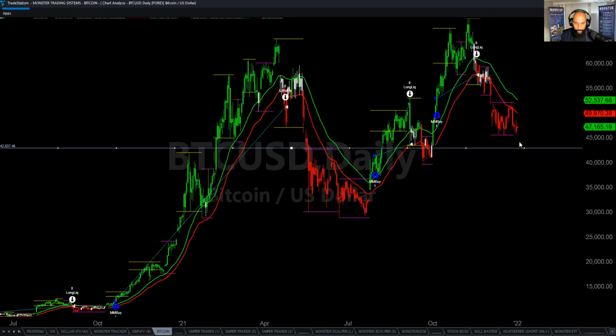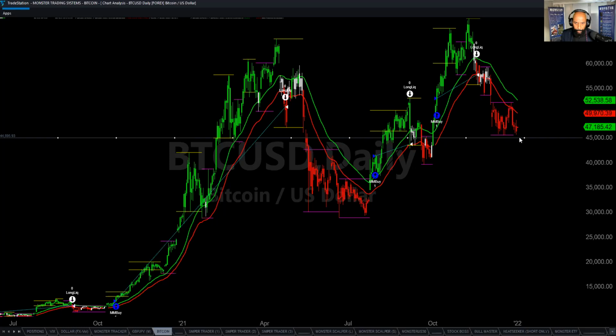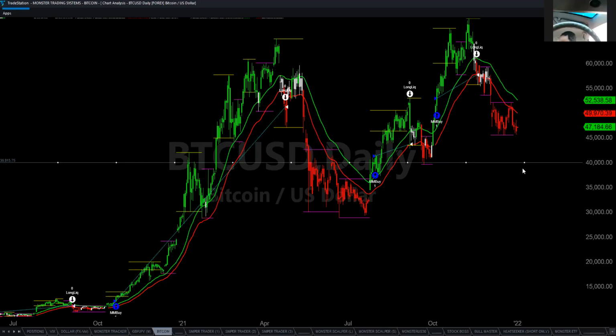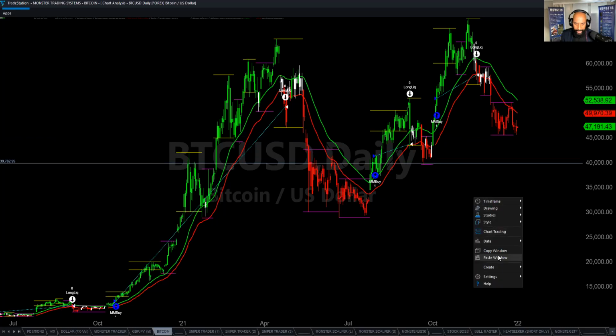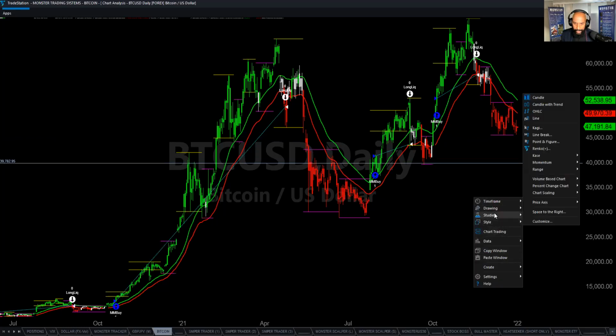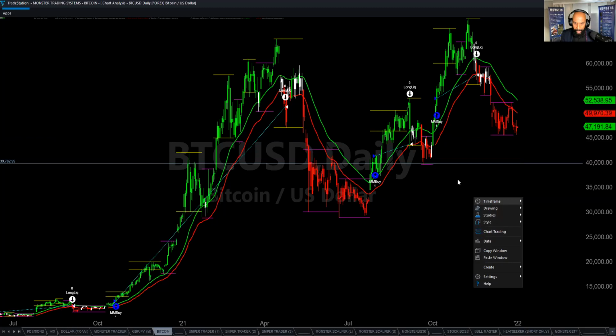All right, so the next move, if we can break that this week, the next support area is going to be right at 40,000. And as I've mentioned before, Bitcoin likes those round numbers, so 40,000 is a big one, but the biggest one is right at 30,000, all the way down here.